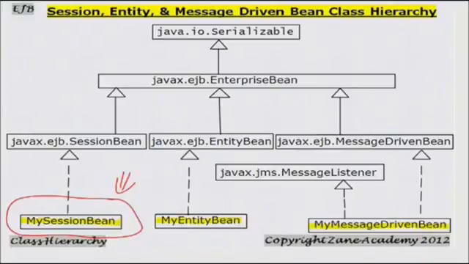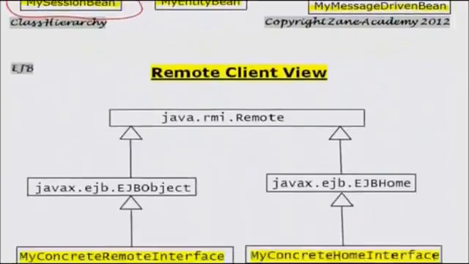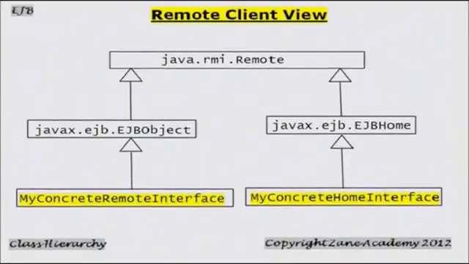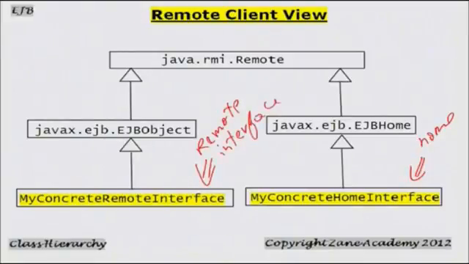So what we're concerned about here is the bean itself in addition to the remote interface. So we're supposing we have a remote client view, so we would need a remote interface. And by the way, this would be the home interface. This would be the remote interface, and the remote interface extends from javax.ejb.EJBObject.